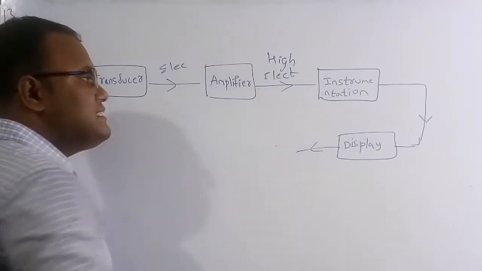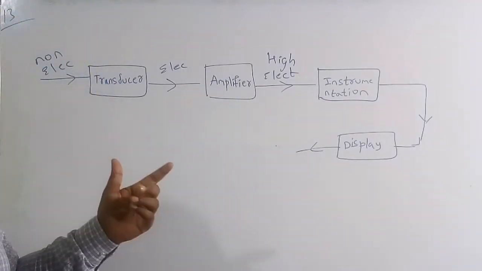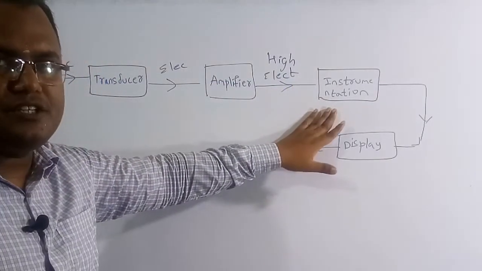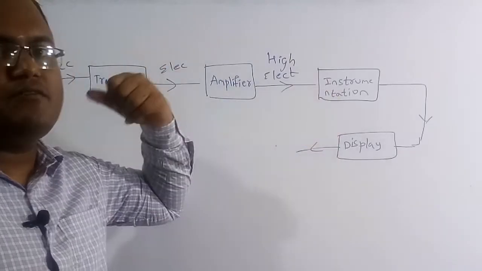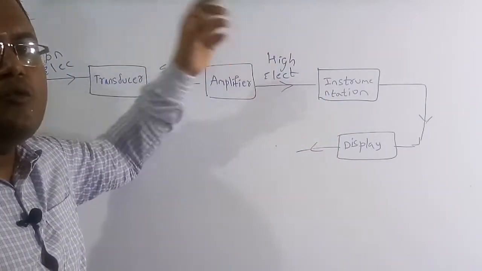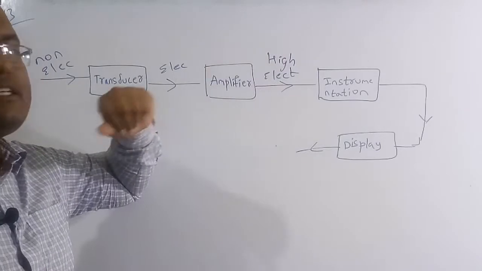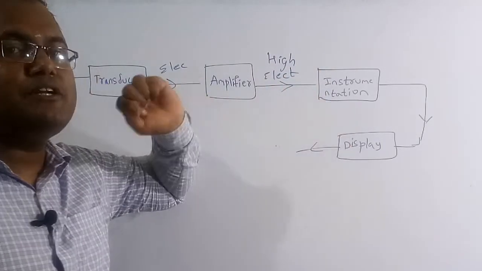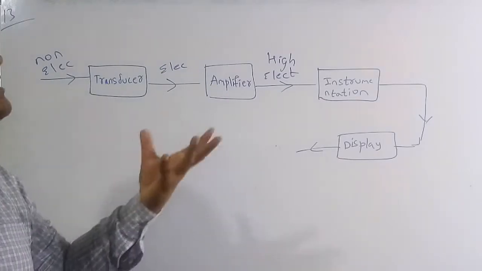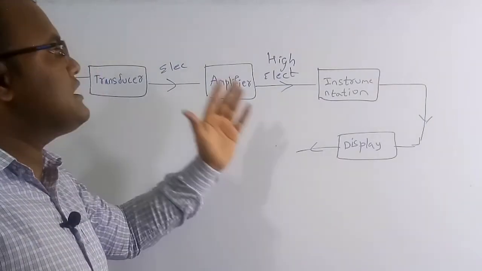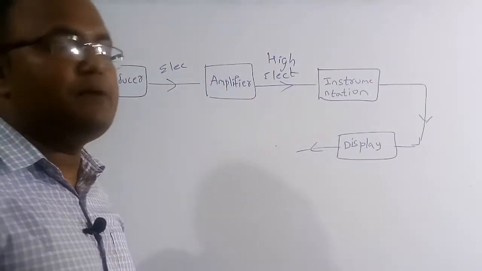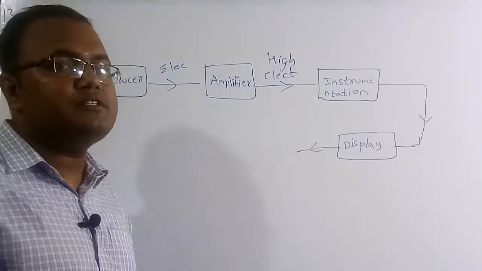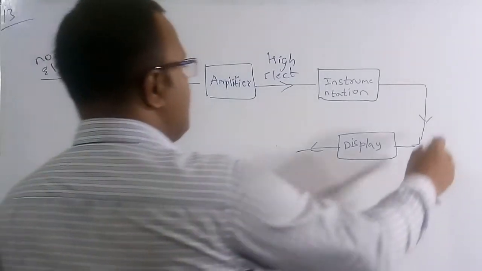Now this has enough power or energy to drive an instrumentation. Instrumentation is a measuring device. Now I want to measure the accurate value of this electrical quantity, so I am going to keep an instrumentation block. The instrumentation block is a measuring device, so we convert the electrical quantity into a mechanical quantity, because the pointer is going to move. So it is a mechanical quantity.